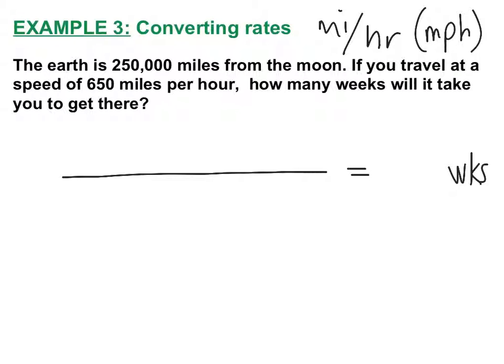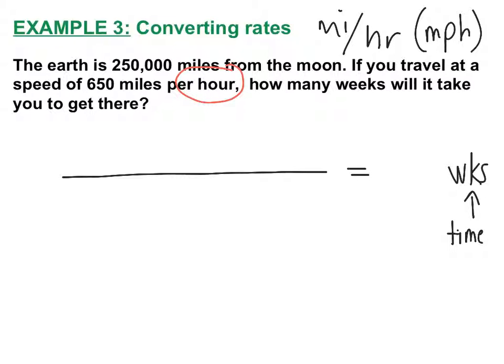So if I read my problem, the Earth is 250,000 miles from the moon. If we travel at a speed of 650 miles per hour, how many weeks will it take to get you there? I want weeks in the end. I have to recognize that weeks is a measurement of time. So the only other time that I have in this problem is hours.